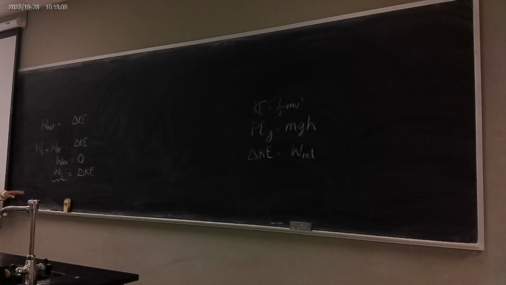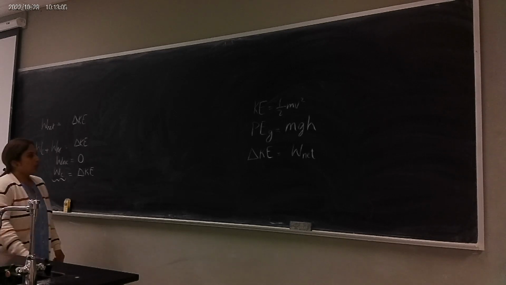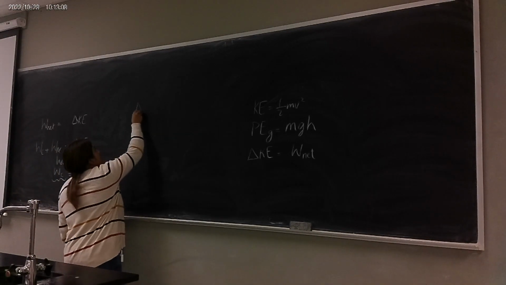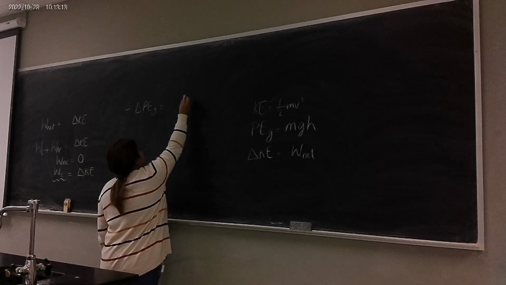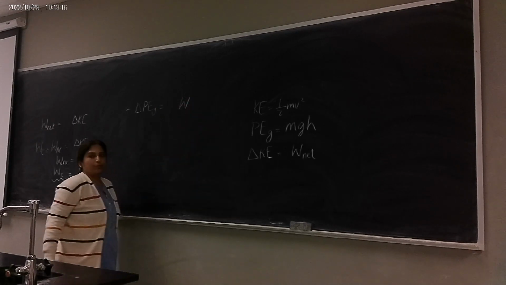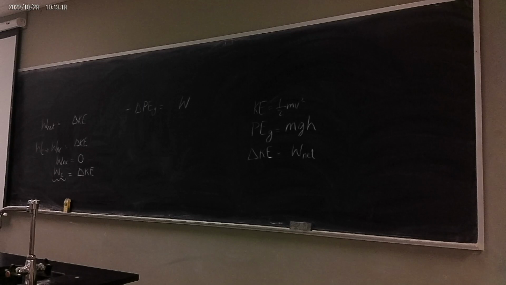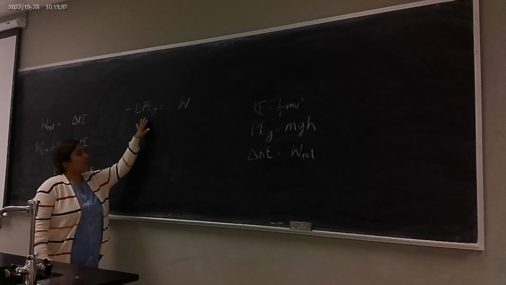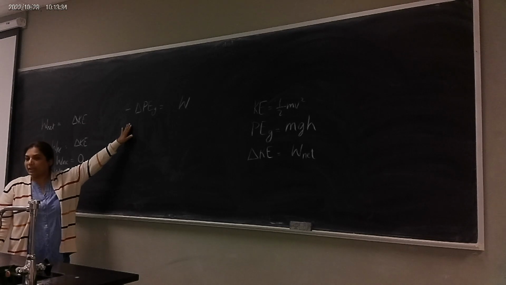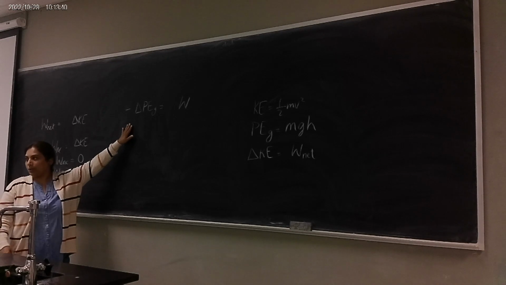This is where we ended our last lecture. If you look over your notes, you might find delta PE equals minus W, right? That's where we ended the last lecture, where we came up with the formula for potential energy due to gravity. Before that, we were finding the work done by gravity when the object is moving away from or towards the gravity.